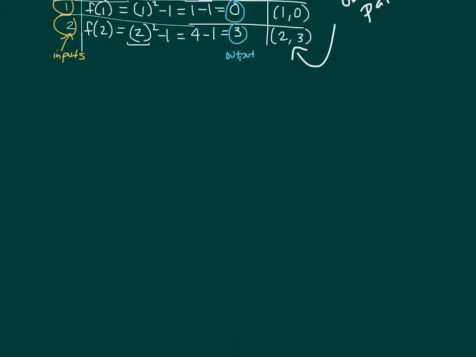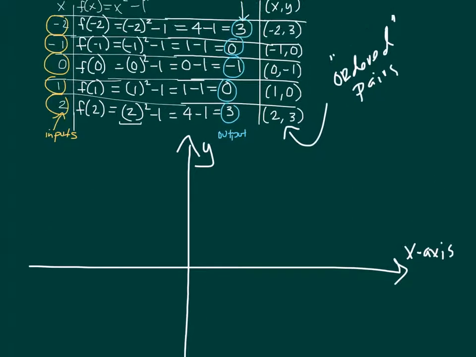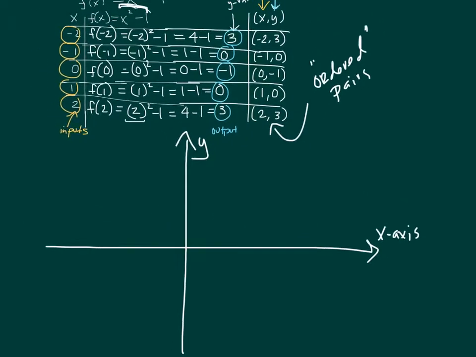Okay, so here's my y-axis, my vertical line. Here is my x-axis. So x-axis and y-axis. And let's go ahead and plot these points. And again, this is not perfect graph paper, but I'll go ahead and try my best to plot these nicely. So what do we have?